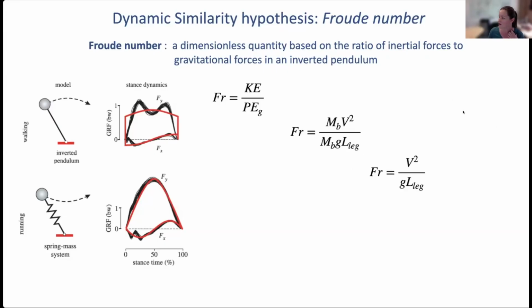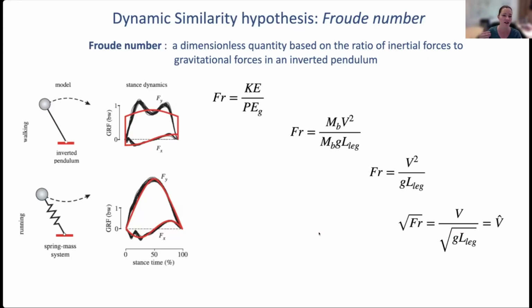And then I'll also note that the square root of Froude number is v over the square root of g times leg length, which is the dimensionless velocity, okay? Some people use Froude number as the dimensionless velocity, and other people will normalize just using dimensionless velocity. So just note that they are related to each other and they're equal to each other at 1, right? Because the square root of 1 is 1.